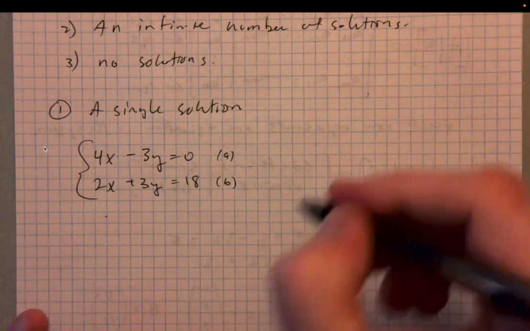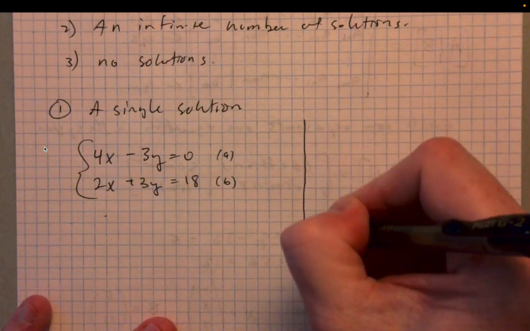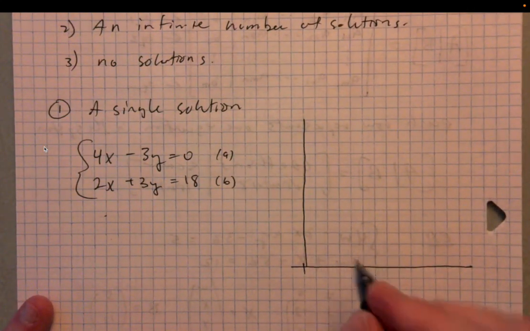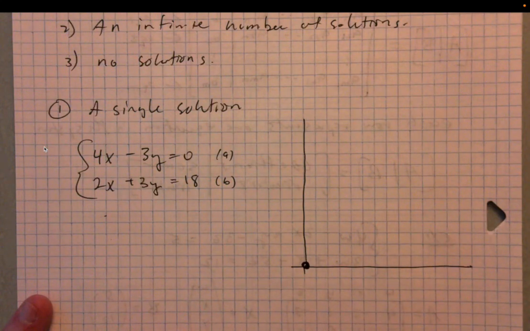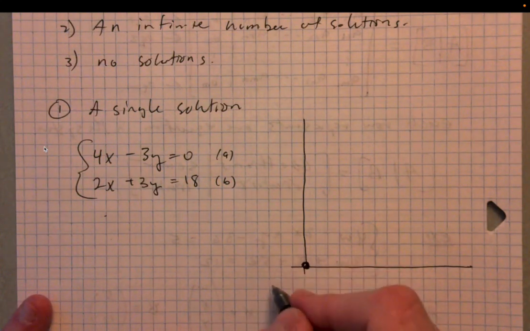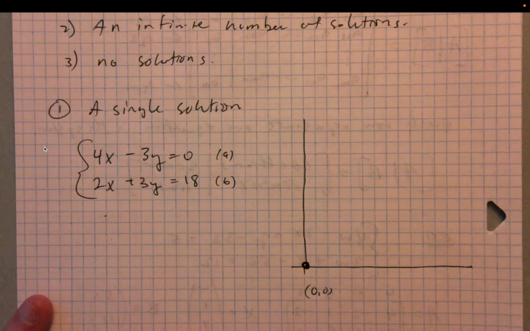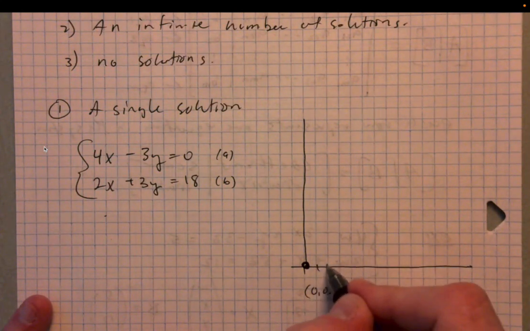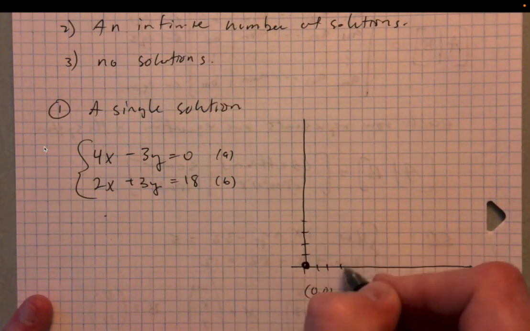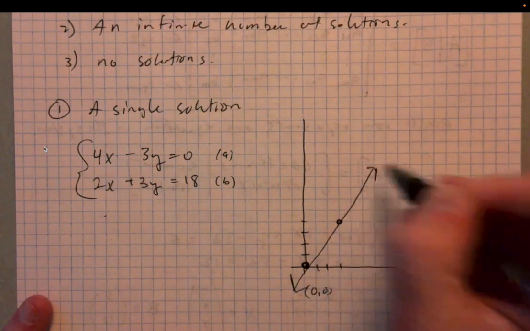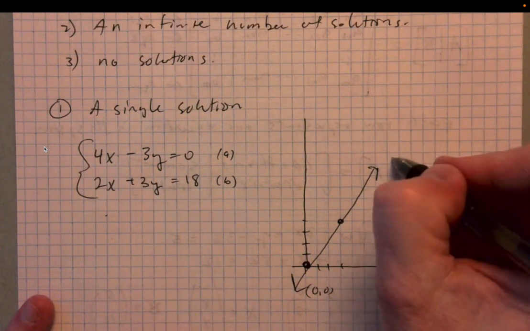Okay, now if I were to plot these in the xy plane, then one of them is going to go through 0, 0 down here, and it's going to go through 1, 2, 3, 1, 2, 3, 4. It's going to cross through this point as well, right? And that's going to actually be the A equation.